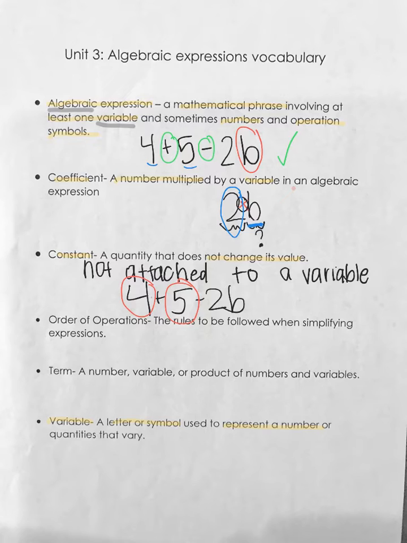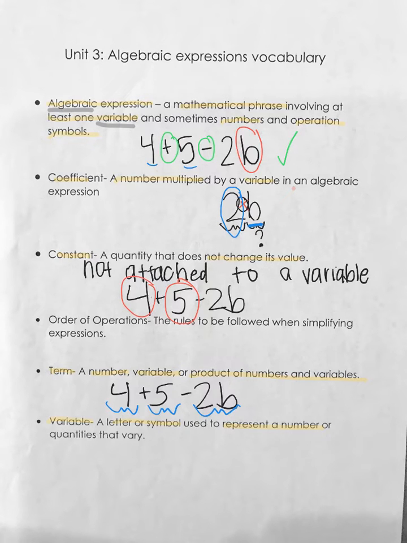I'm going to skip order of operations. We will come back to those since that should be a review. But let's go down here to what a term is. A term is a number or variable or a product of numbers or variables. So in this example algebraic expression that I have here, 4 plus 5 minus 2b, do I have 1 term, 2 terms, 3 terms?